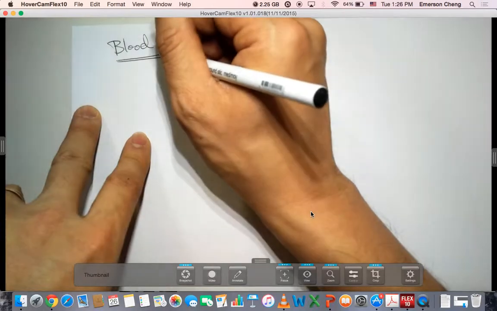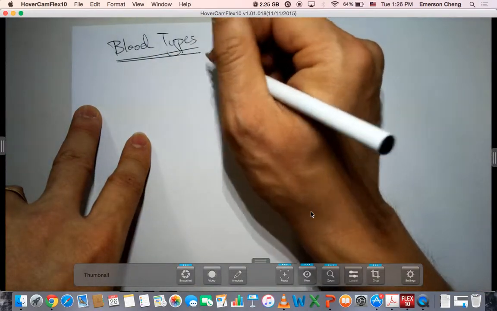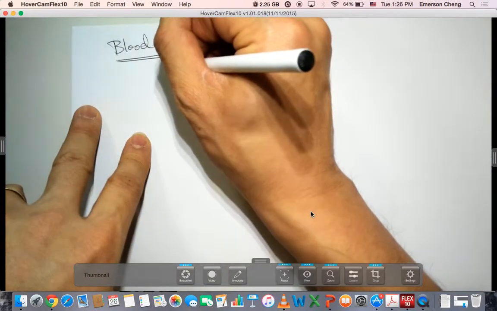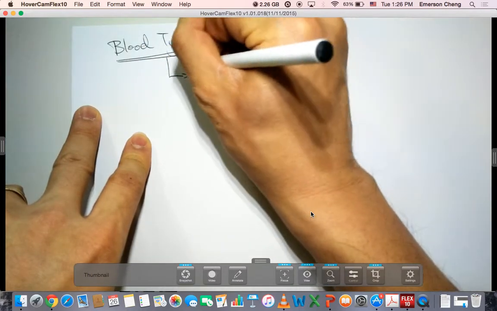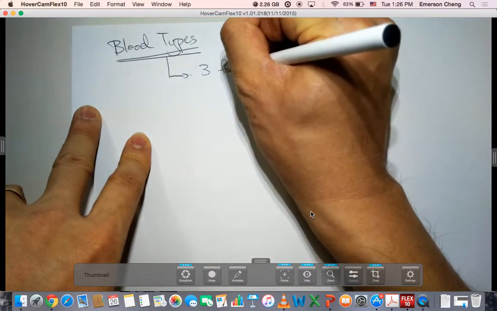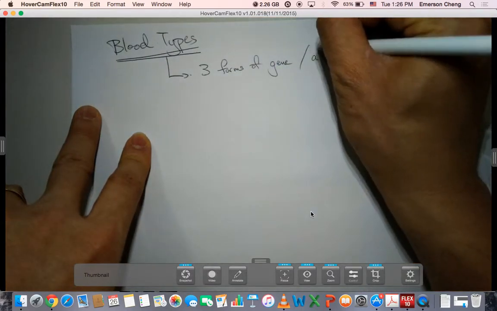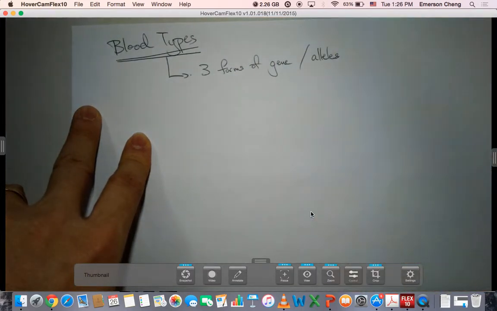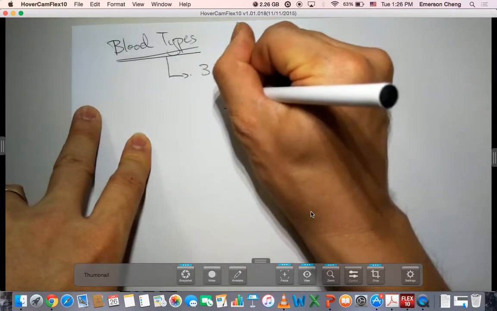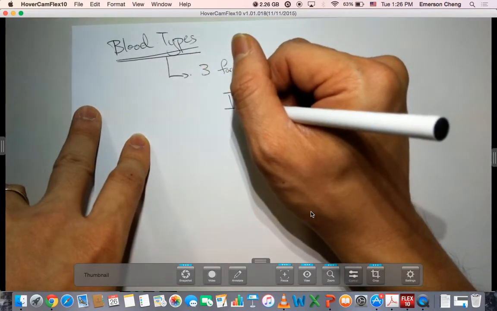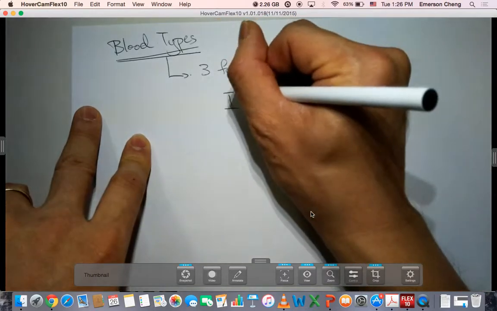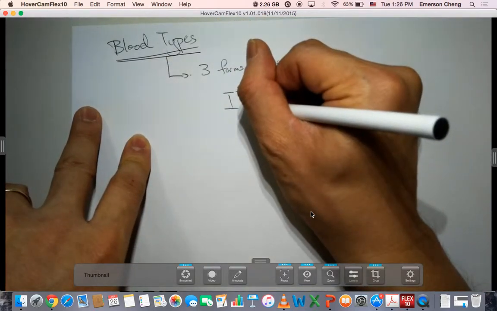So to make this quick, for the blood type, you have three forms of the gene, essentially alleles. You have capital I, A. You have IA.